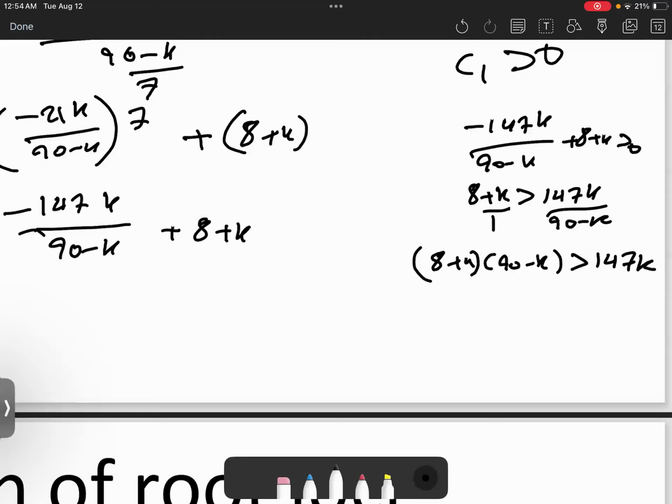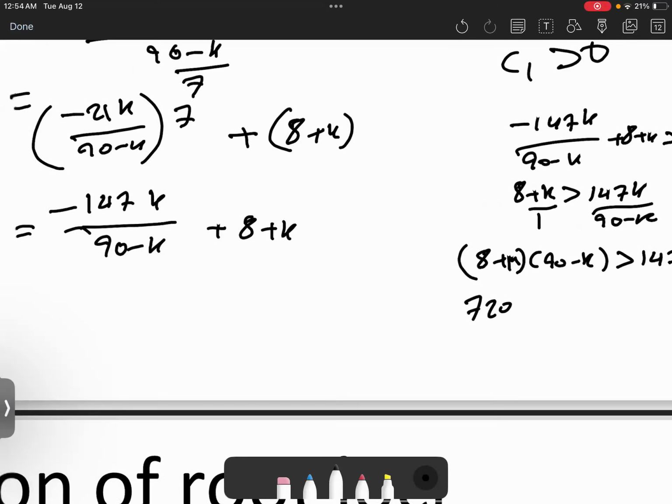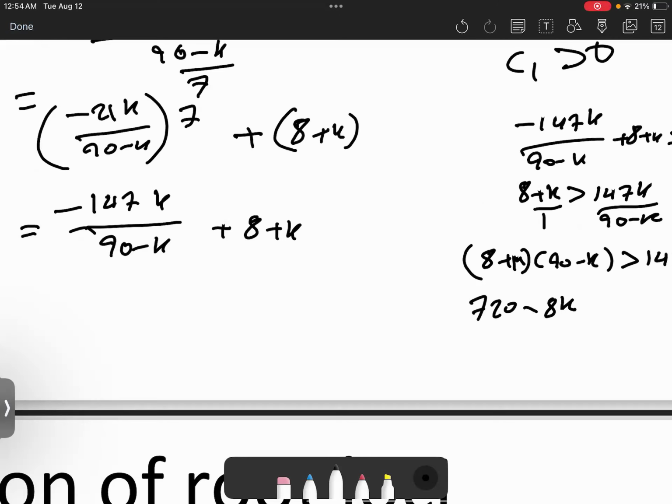Then let's do the multiplication. 8 times 90 yields 720, minus 8k.